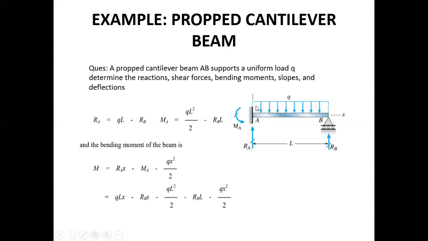So this moment will be qL square by 2. Third is this RB, multiplied by the perpendicular distance L. So this will be RBL. So this equation turns out to be MA is equal to qL square by 2 minus RBL. And if everything goes to this side, then the equation becomes sigma MA is equal to 0.